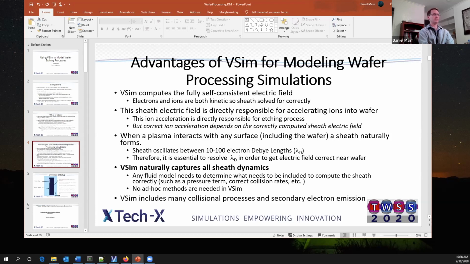For example, you'd have to make sure all the terms are in there. In my opinion, any fluid model is going to be an ad hoc way of doing it. It may end up getting it right, but it's going to be through a lot of trial and error that we simply don't have to do. And finally, VSim includes many collisional processes and secondary electron emission processes.